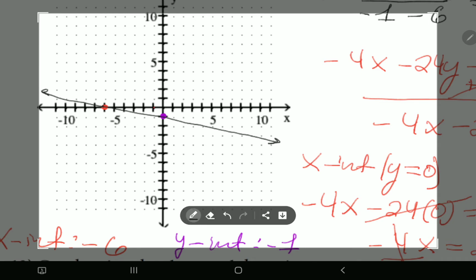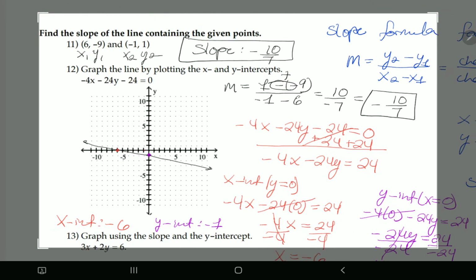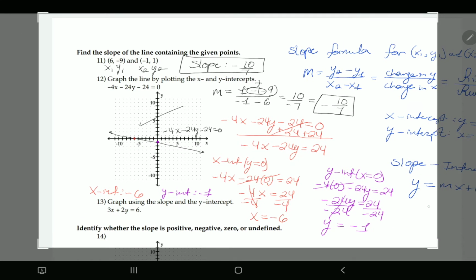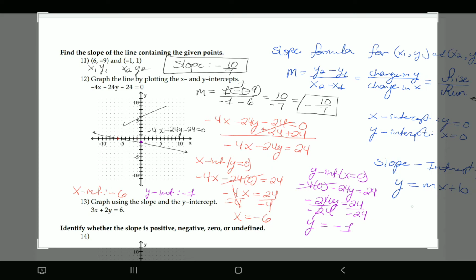All right, and that's how my line should look: negative 4x minus 24y minus 24 equals 0. All right, so that was number 12. We're now going to do number 13, and we want to graph the line using the slope and the y-intercept.